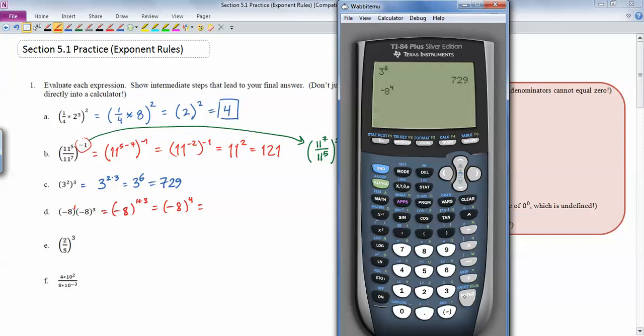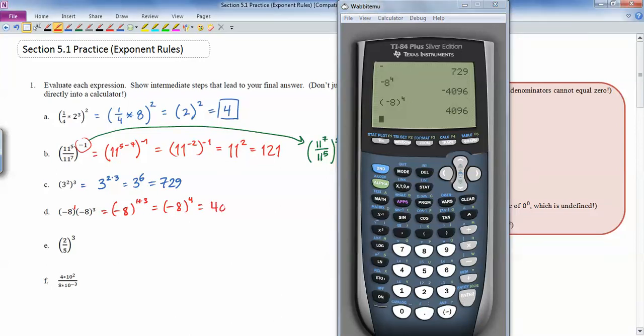It's going to give me a negative answer, negative 4096. What I want, though, is negative 8 all to the 4th, because you know if you raise a negative number to an even power, it should be positive. So 4096. There we go. Let me box this one too. And we'll box that one.